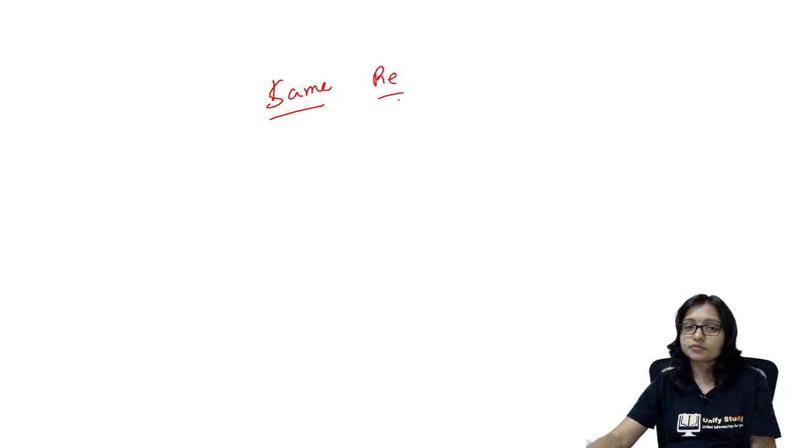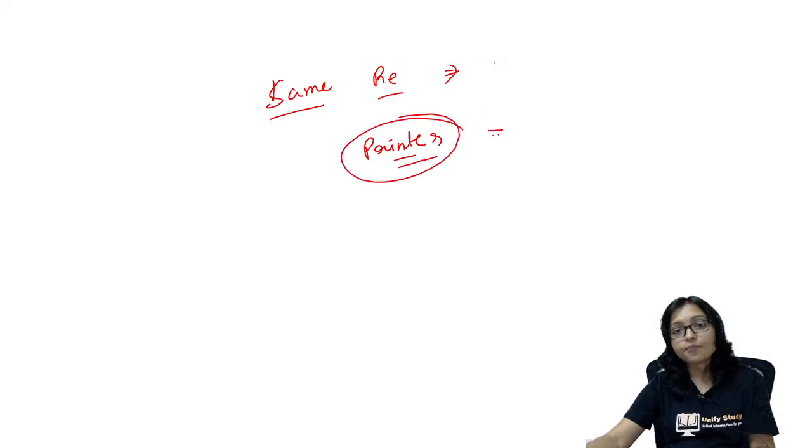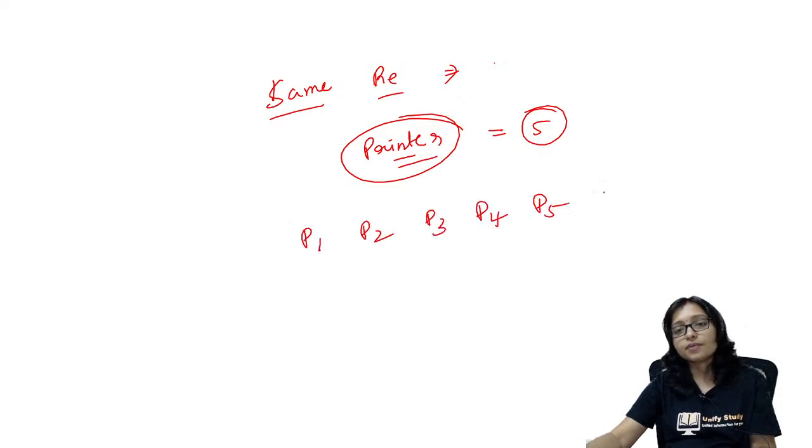One is the same resource type with multiple instances, like a printer. Printer is the resource, and maybe 5 printers are available, and there are 5 processes: P1, P2, P3, P4, P5.